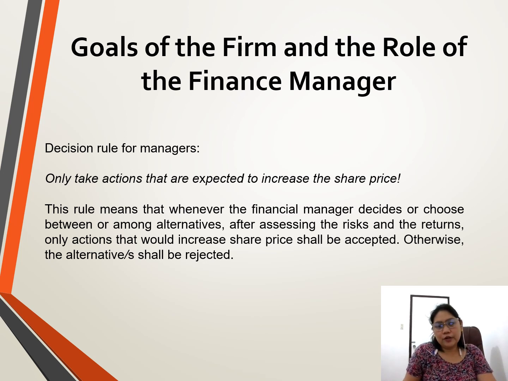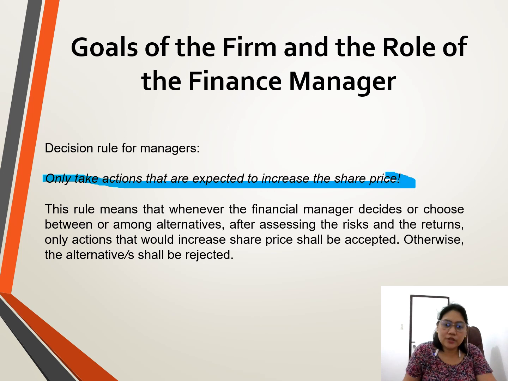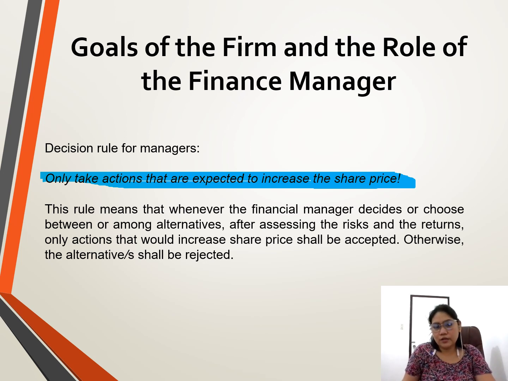So, goals of the firm and the role of the finance manager. So, decision rule for managers, only take actions that are expected to increase the share price. No? Straightforward. So, gagawa ka lang daw ng action kapag ina-expect mo na tataas ang share price or yung value ng shares ng stockholders or ng firm.